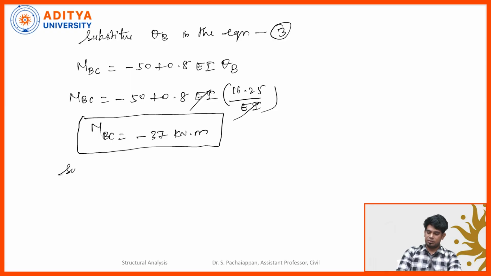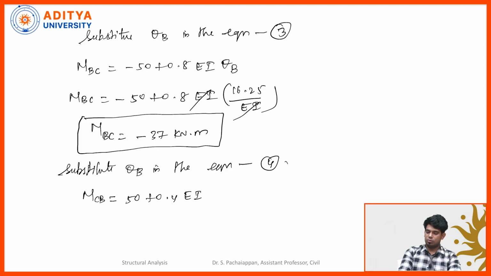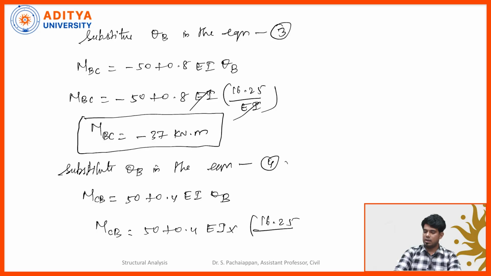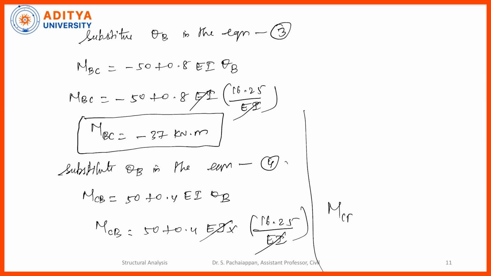Similarly, I am going to substitute theta B in equation 4. So, equation 4 is MCB equal to 50 plus 0.4 times EI into theta B. So, MCB is equal to 50 plus 0.4 times EI into 16.25 by EI. EI will get cancelled. So, MCB is equal to 56.5 kilonewton meter.